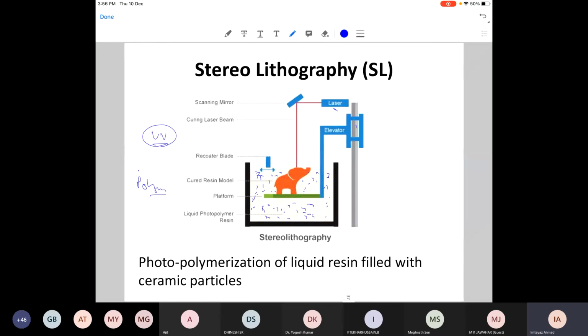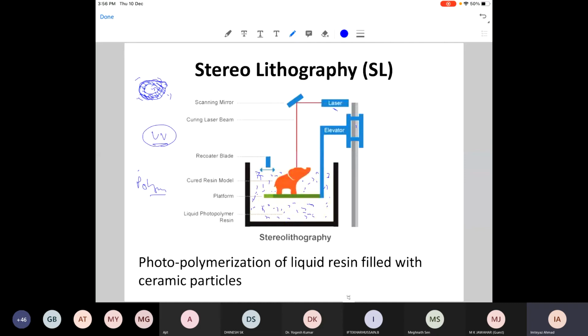So wherever the UV laser falls, it binds, and a layer forms. A cross section forms, and then you lower it a little bit, spread the powder again all over, and then scan the next cross section. So you get any kind of shape, and keep lowering the stage at the same time.